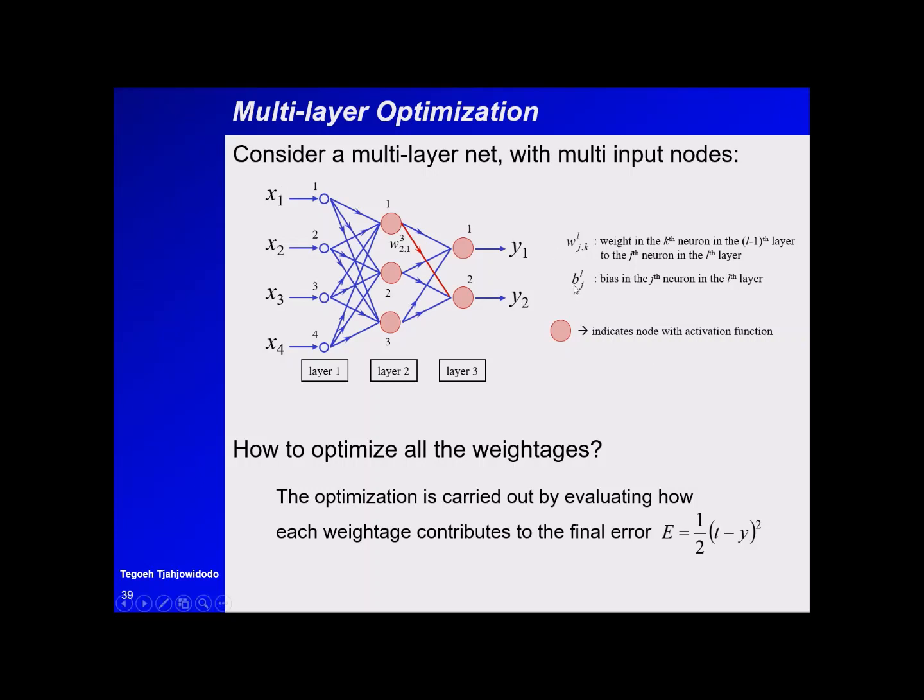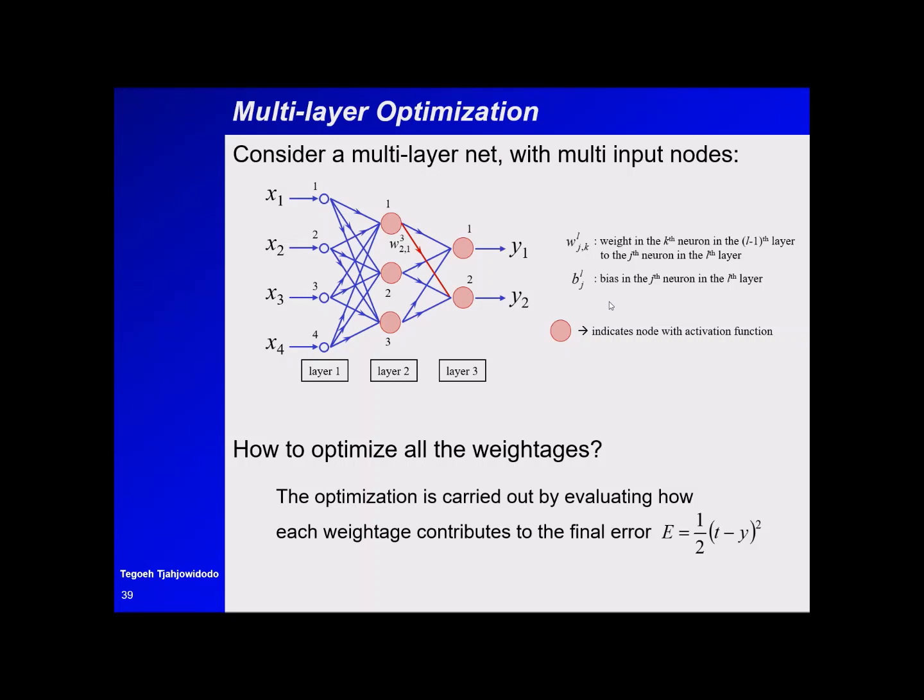So for bias, we can just give this indication: B subscript J superscript L, which means this will be the bias in the neuron number J in the layer number L. So for this one, then I will have B with subscript 1, neuron 1, and the superscript 2. So it will be B1, 2. Okay, let's agree on this notation.